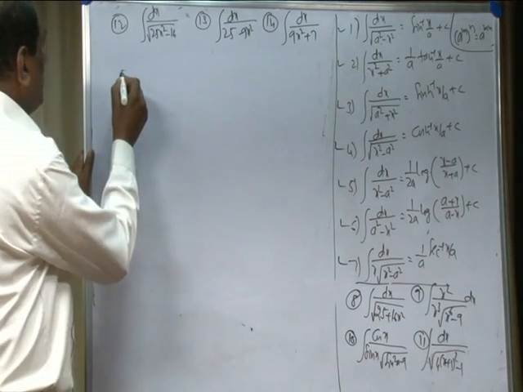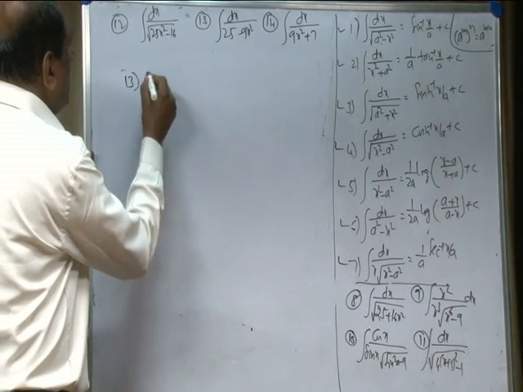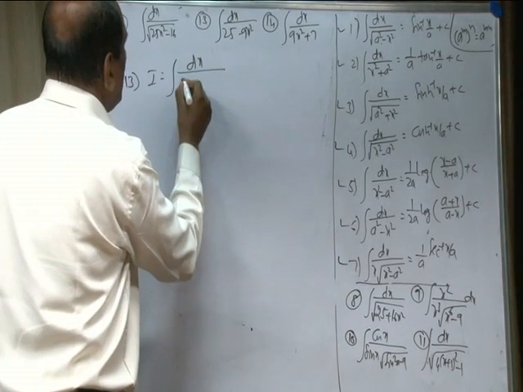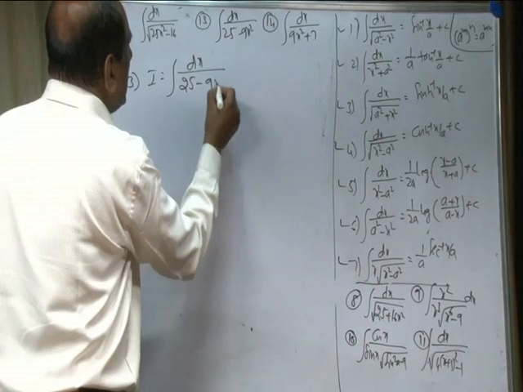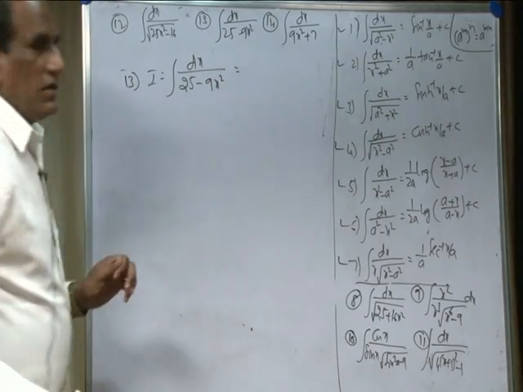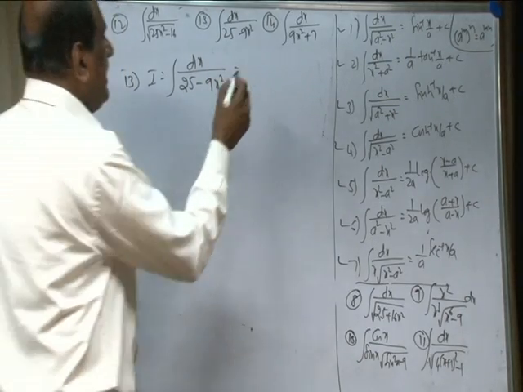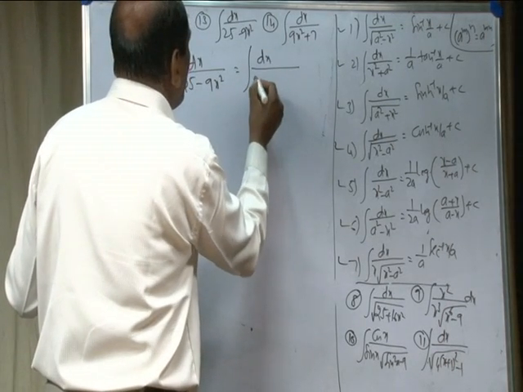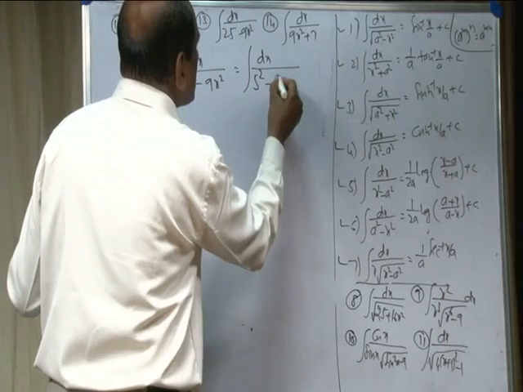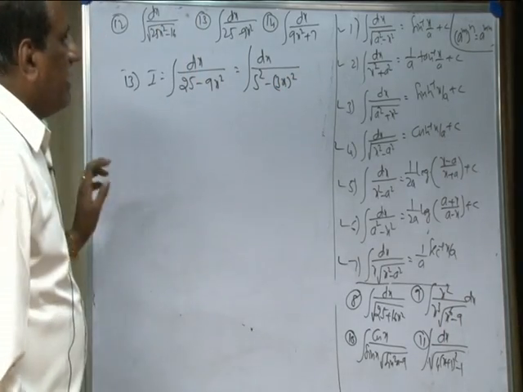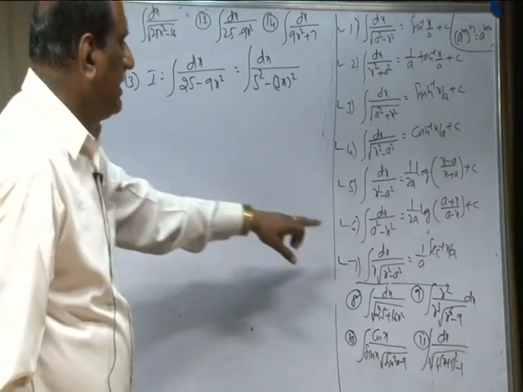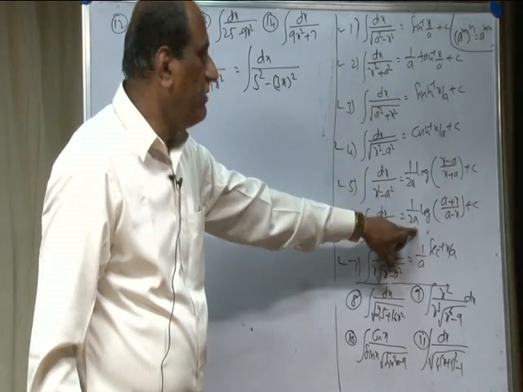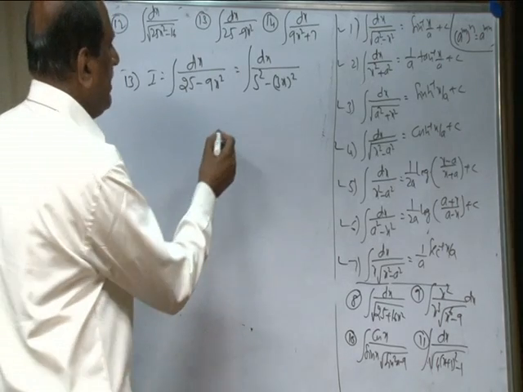See here, problem number 13: I is equal to dx divided by 25 minus 9x square. How to write the denominator as a difference of squares? That is dx divided by 5 square minus 3x whole square. That is of the form dx by a square minus x square, equal to 1 by 2a log of a plus x by a minus x.